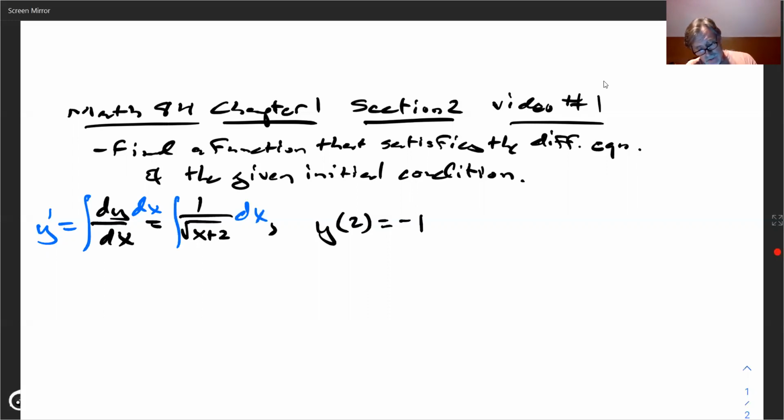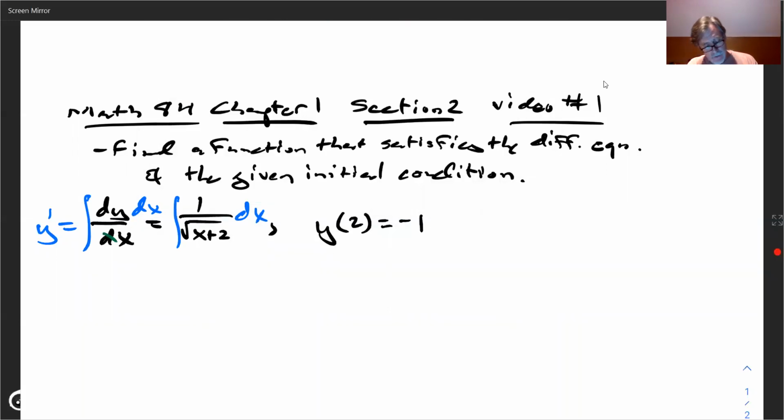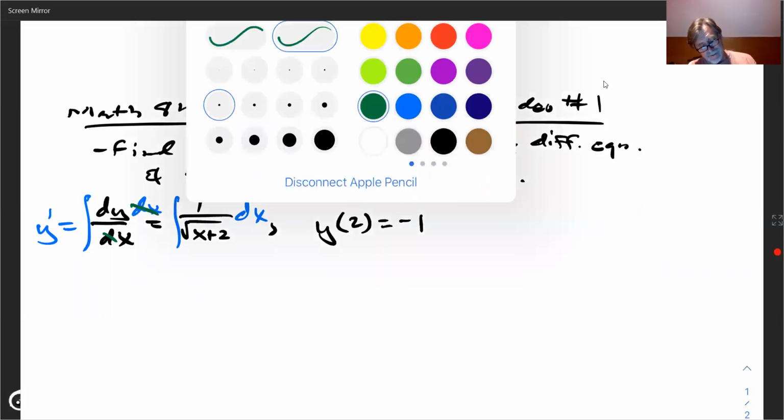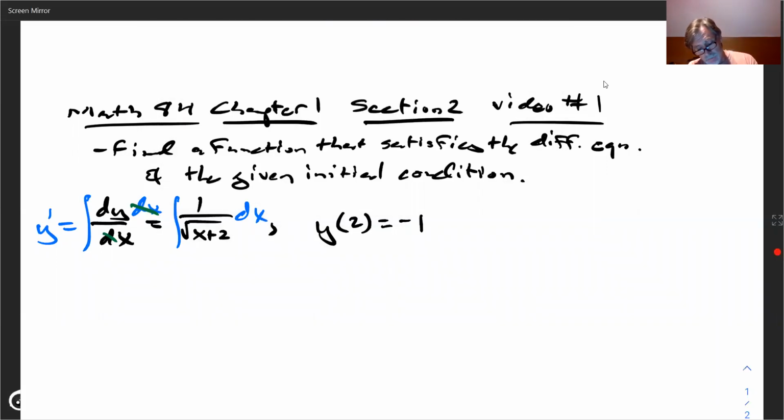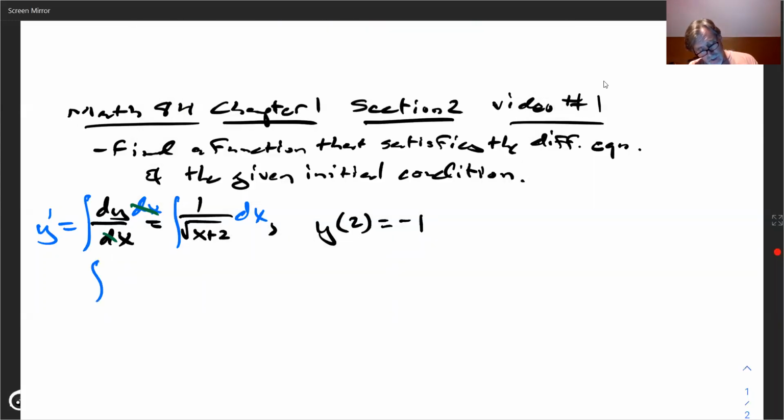Kind of interesting how this works with the differentials. Your dx's are going to disappear. And on the left-hand side, you're looking at the integral of dy, there's an invisible 1 in there maybe, integrate it, and what you get is y equals.